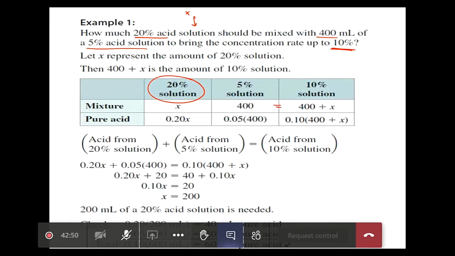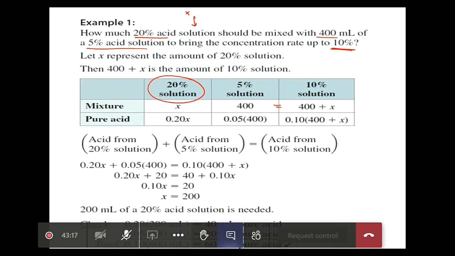10% for what? The total quantity is 400 milliliters of 5% acid, plus X. X is unknown, so I don't know how many milliliters of the 20% acid solution.